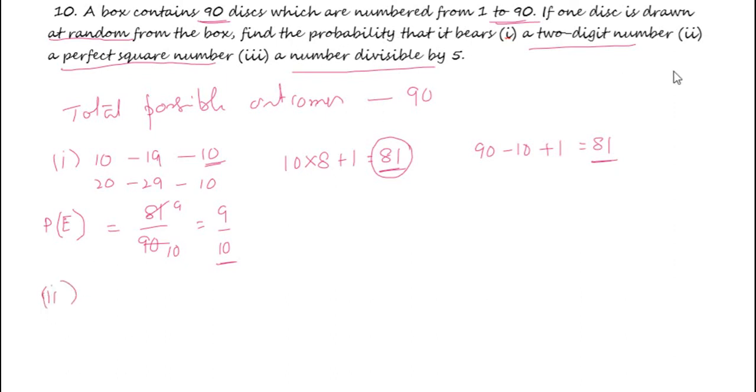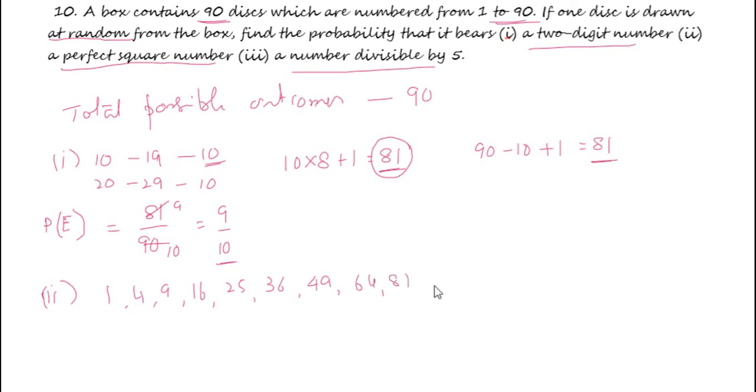Second one, it says a perfect square number. Perfect squares: 1, 4, 9, 16, 25, 36, 49, 64, 81.